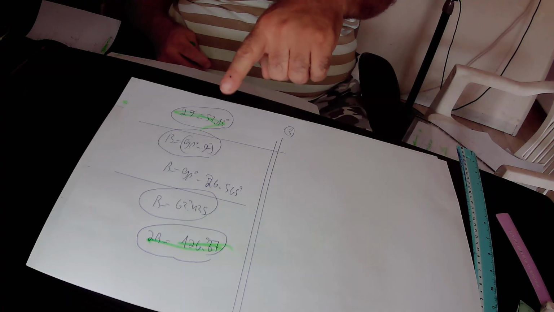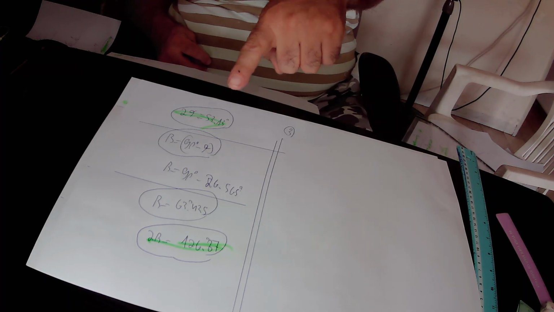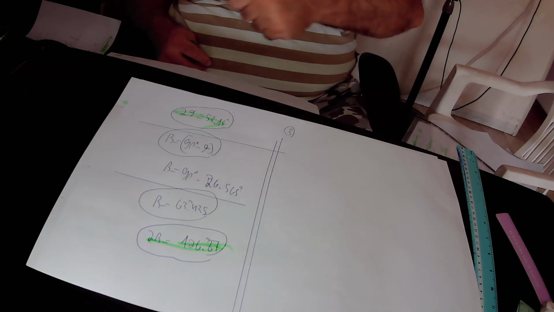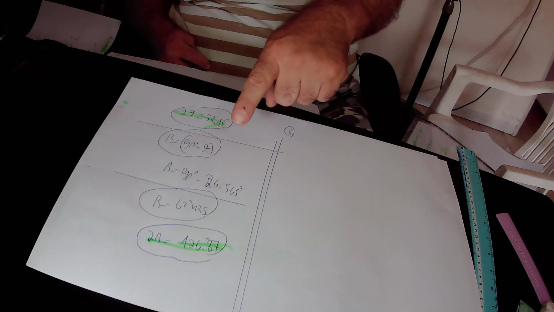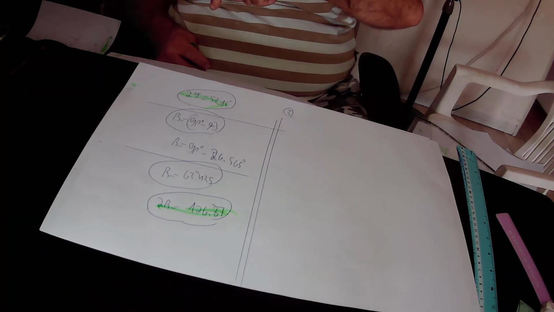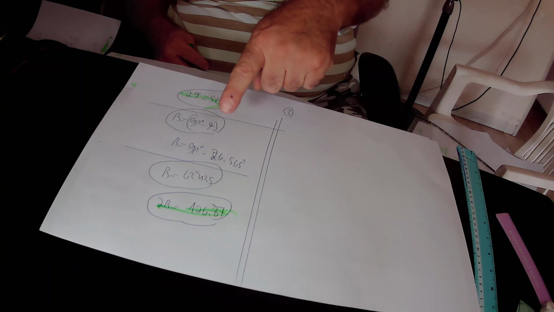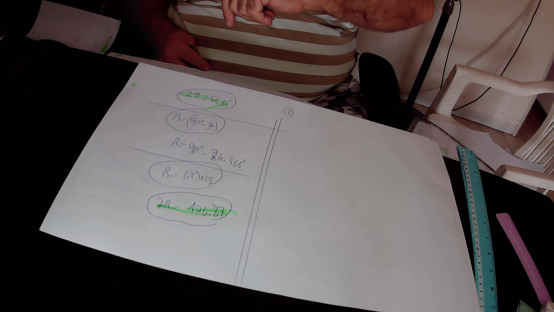So beta equals 90 degrees minus 26.565, that is 63.435 degrees. And therefore 2 beta must be equal to 2 times 63.435, that is 126.87 degrees.